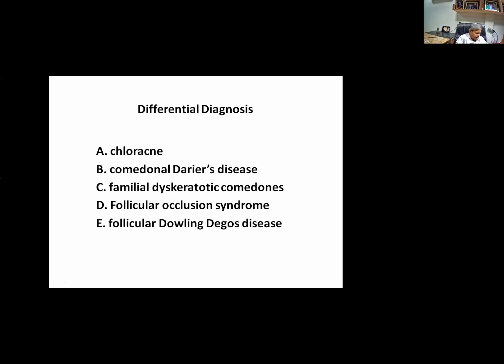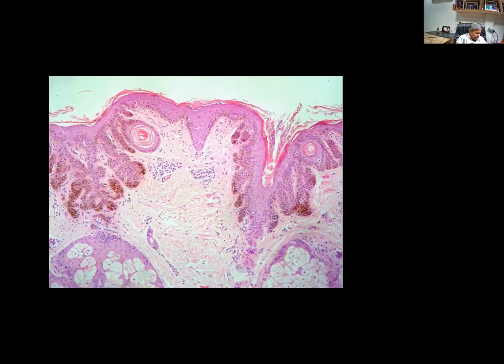Now, when we performed a biopsy from one of these comedones, we found that the pathology was entirely folliculocentric. You can see that follicles on both sides with this keratotic plug are involved, while the interfollicular area is completely spared.